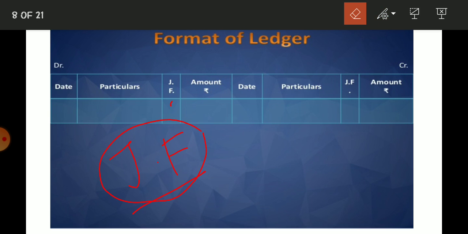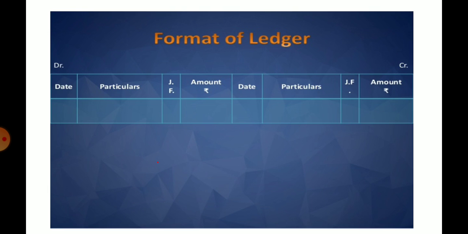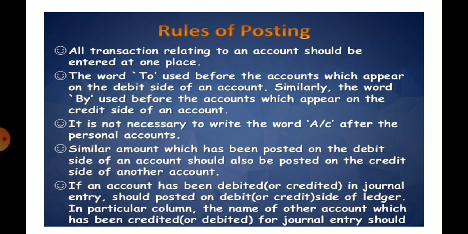Okay, so it will be helpful if you are confused in any transaction, you can tally them easily. The amount, again the date, particular, JF, and amount. This side is debit side and this side is credit. Okay, so according to the account you can post the transactions, right?